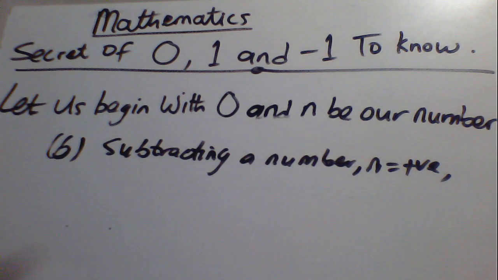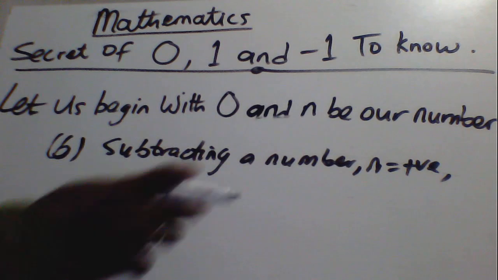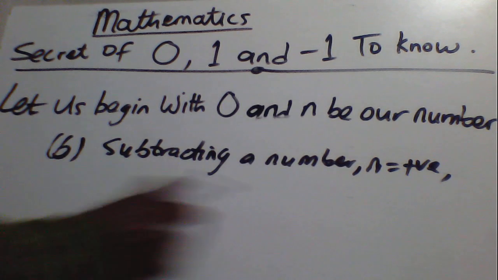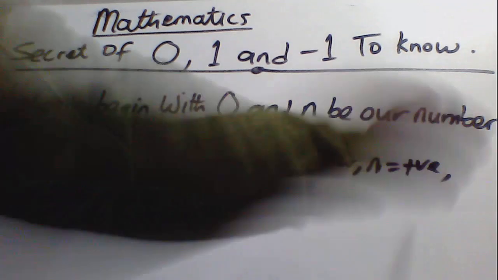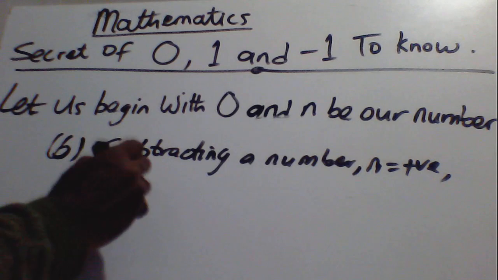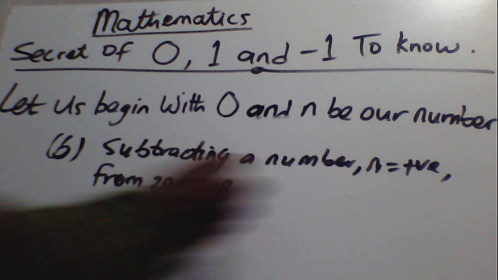So subtracting a number, in this case where n is positive. Because you have to give a condition in this case. So subtracting a positive number n from 0 is equal to what?